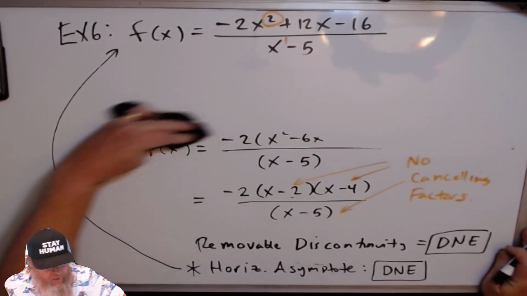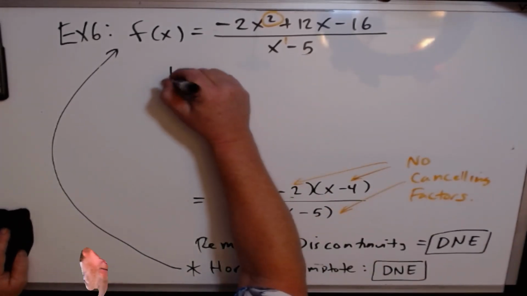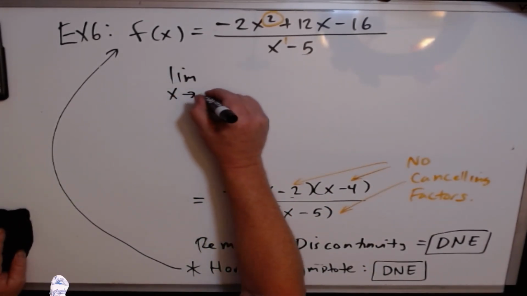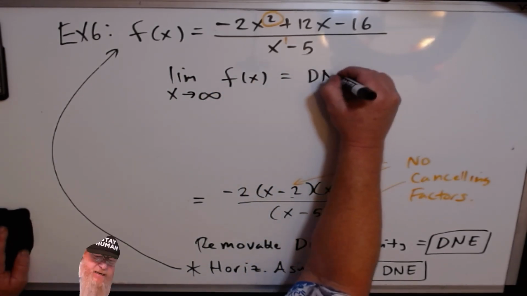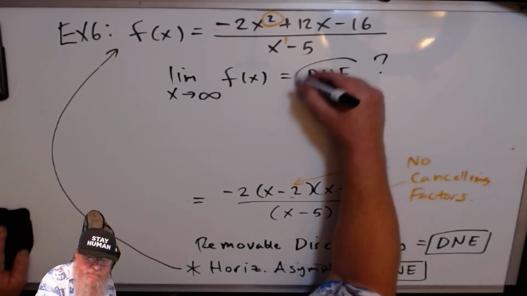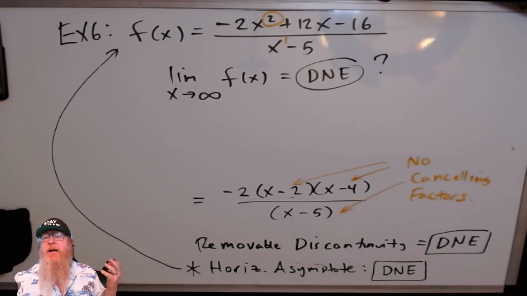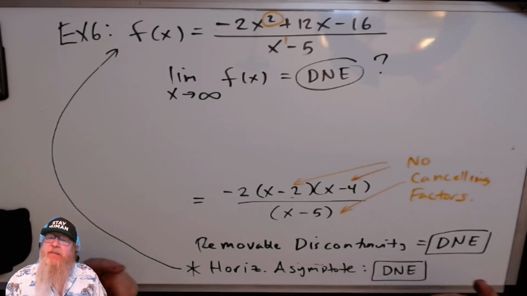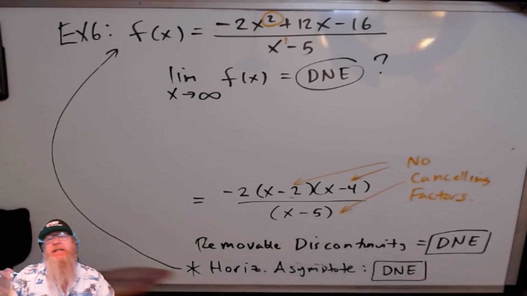Because the horizontal asymptote does not exist, that means that the limit as x approaches infinity of f of x is DNE, right? Well, yes, it does. It really does. However, as I mentioned earlier, we're taking limits at infinity, and we want to know what's happening to this function.